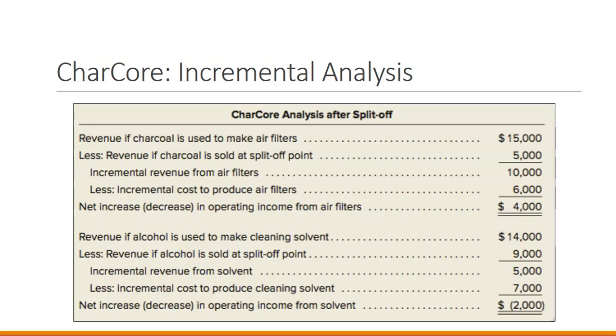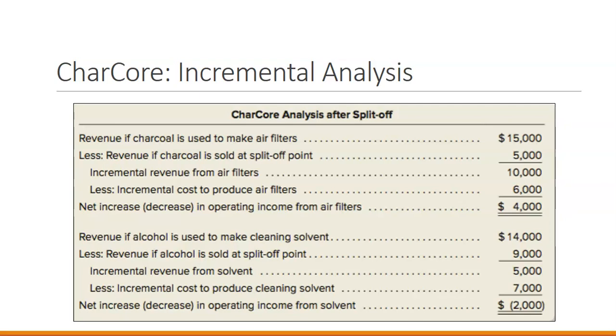Therefore, we have incremental revenue from the air filters, and we have incremental cost to produce the air filters. So we have a $4,000 increase in operating income if we further process the charcoal to become air filters.